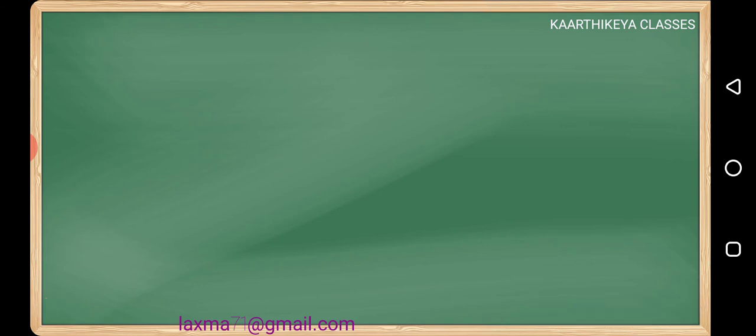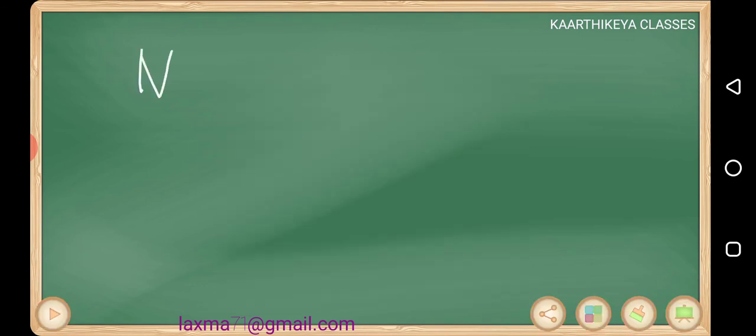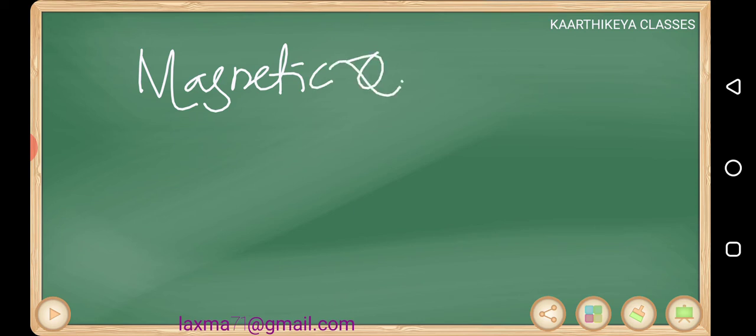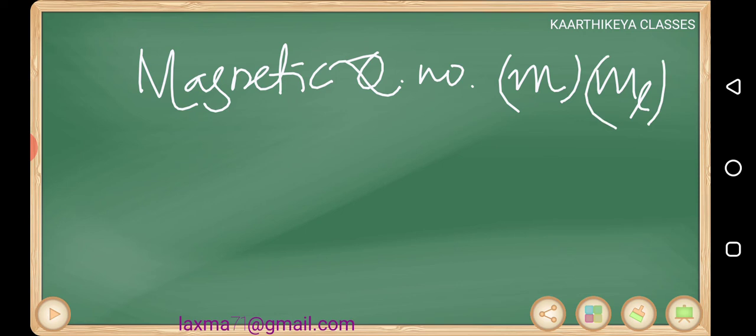Next is the magnetic quantum number. The magnetic quantum number is explained by Mr. Lande. This is given by m or m_l because it depends on the L values.